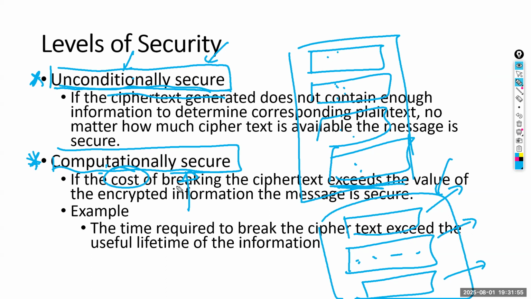So the time required to break the ciphertext exceeds the lifetime of the information. That is good enough. We don't need to make sure that forever this can't be cracked. No. Okay.